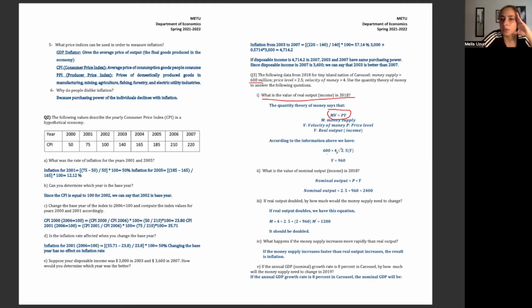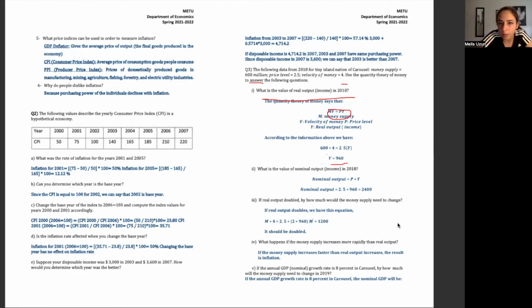So 600 million times velocity of money, which is 4, is equal to price level 2.5 times real output. And if you calculate, you will find that real output is equal to 960.